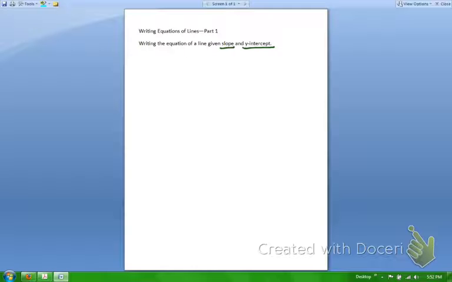Now you remember from our earlier lessons that the equation of a line is y equals mx plus b. If you are given the slope and the y-intercept, all you have to do is plug in the numbers.